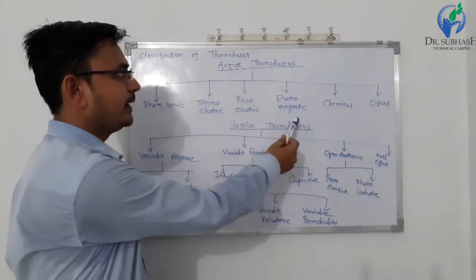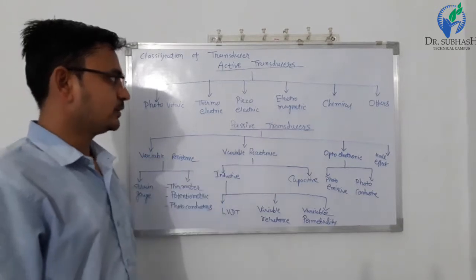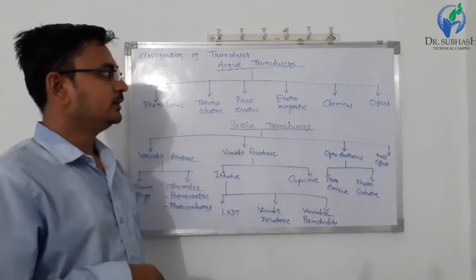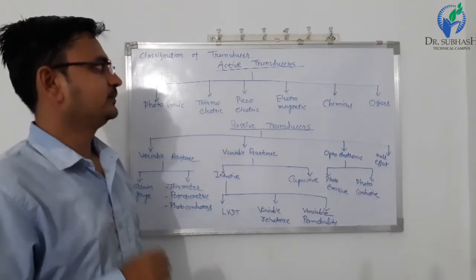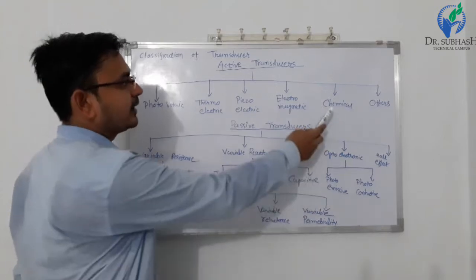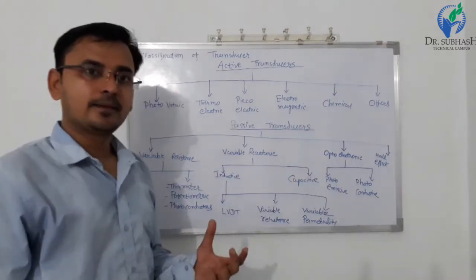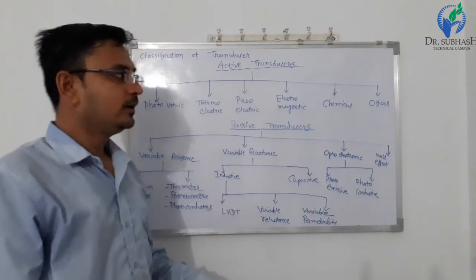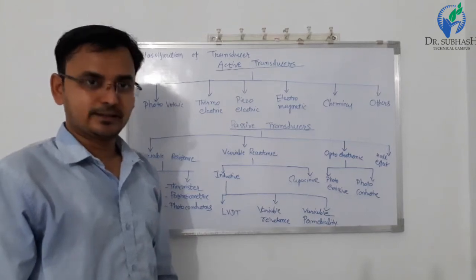Then the electromagnetic transducer. In this type of transducer, we use the electromagnetic principle in its operation. Another one is the chemical type transducer. For example, a battery. There is the lead acid battery, and so many batteries are available. So different batteries are one type of chemical transducer.